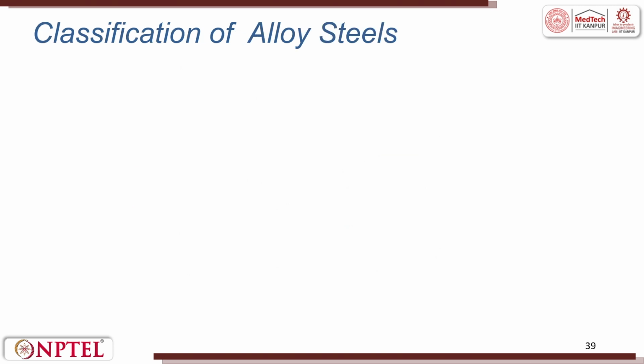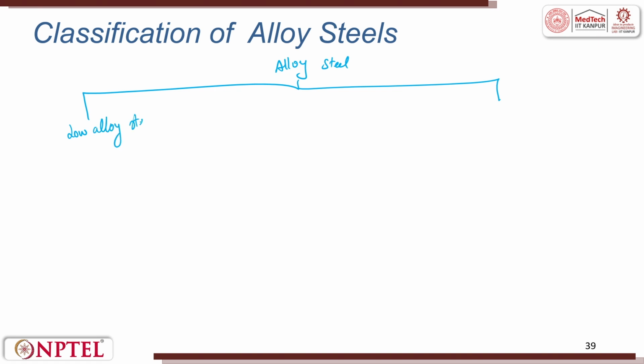The classification of alloys. When we try to classify alloy steel, it is low alloy steel, and here it is high alloy steel.